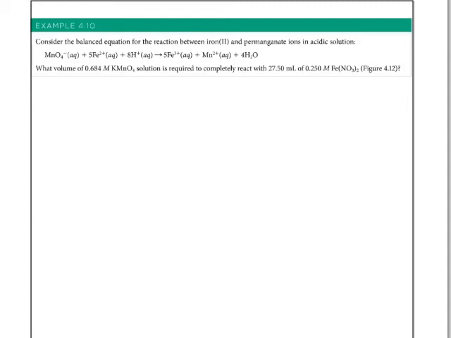We have information about the volume and the molarity of one substance, that would be the iron nitrate, and about the other substance, which is the KMnO4, we know only one thing. We only know the molarity. So we can use this information plus the information provided in the balanced equation in order to calculate what volume of the KMnO4 we'll need. So we'll do that next.